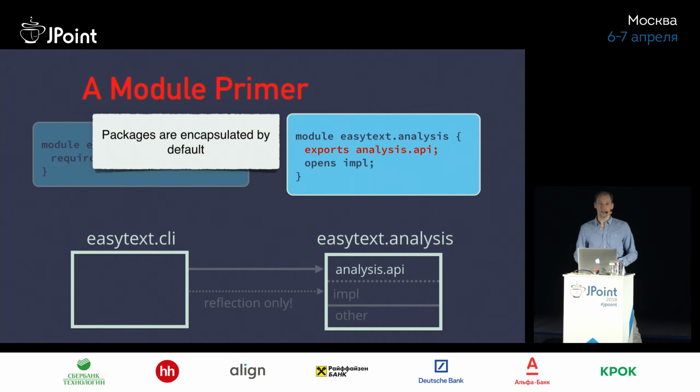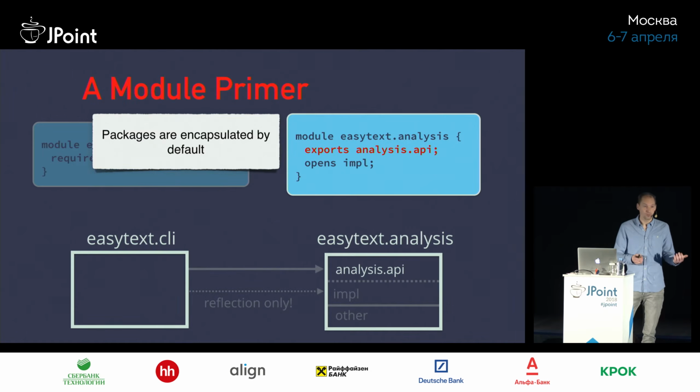So the exported packages sort of form the API of a module, if you want to think about it in that way. That means that you need to be very deliberate about what you are going to export to the outside world, because whatever you export, you must support and you must evolve, hopefully in a backward compatible manner. So this is something that you shouldn't do lightly.